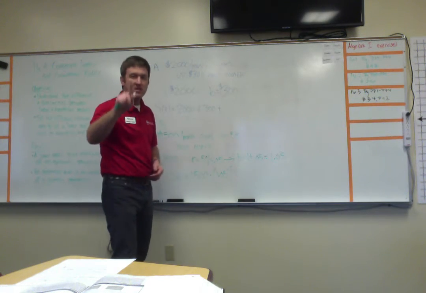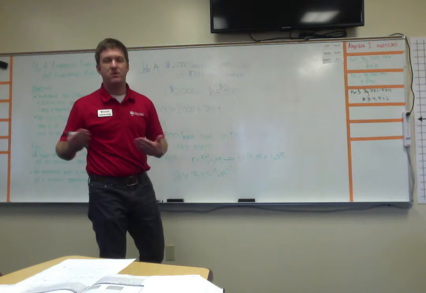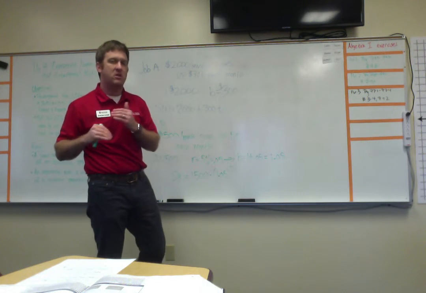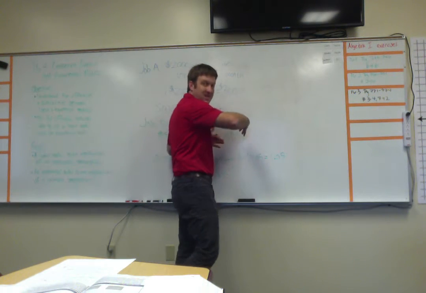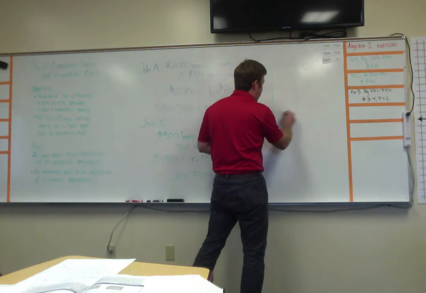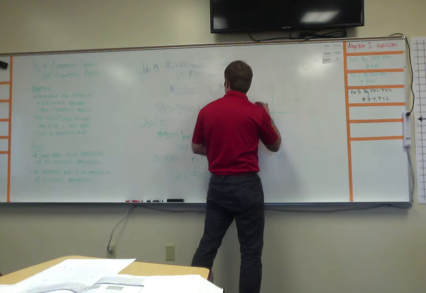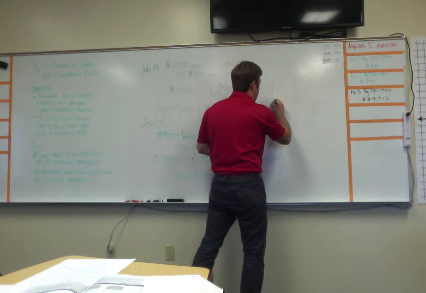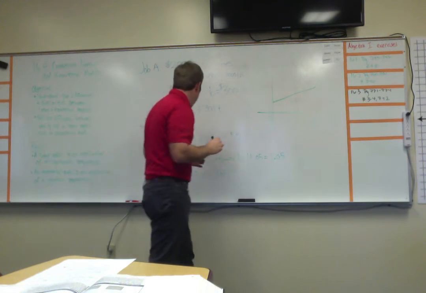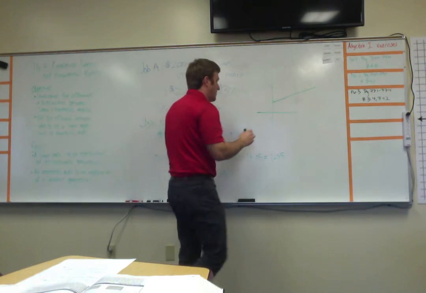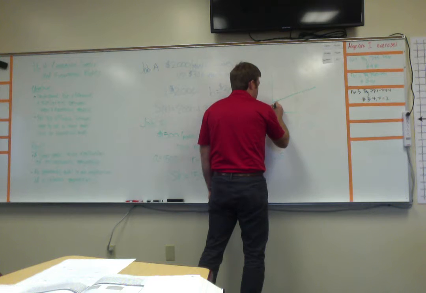Okay? Last note on comparing linear and exponential models, you won't have this in your exercises, but it's just something to be aware of. For instance, in this case, if we put these on a graph, that 2,000 plus 300 a month would go something like this, okay? And the 1,500 plus 5% a month would go something like this.